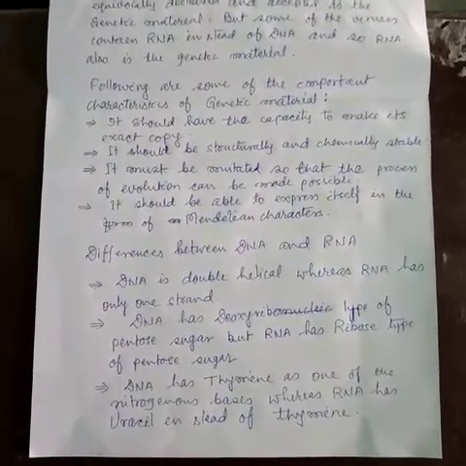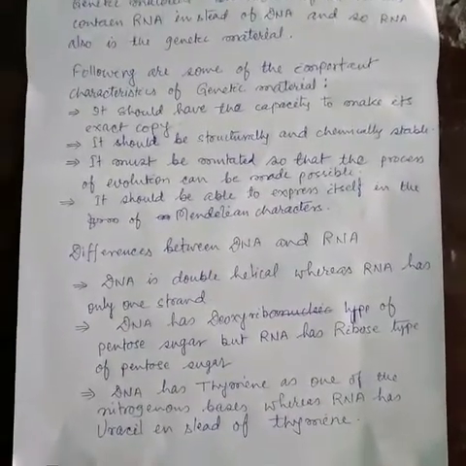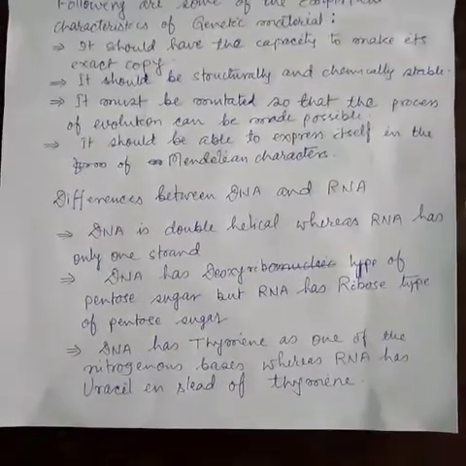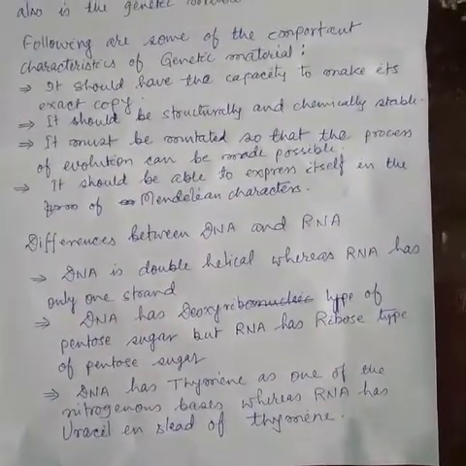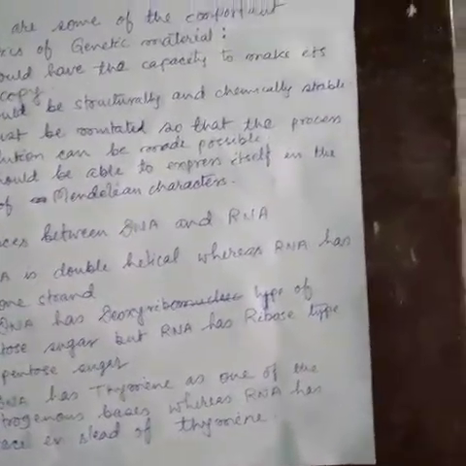DNA is double helical, whereas RNA has only one strand, with some exceptions. DNA has deoxyribose type of pentose sugar, but RNA has ribose type of pentose sugar. DNA has thymine as one of the nitrogenous bases, whereas RNA has uracil instead of thymine.